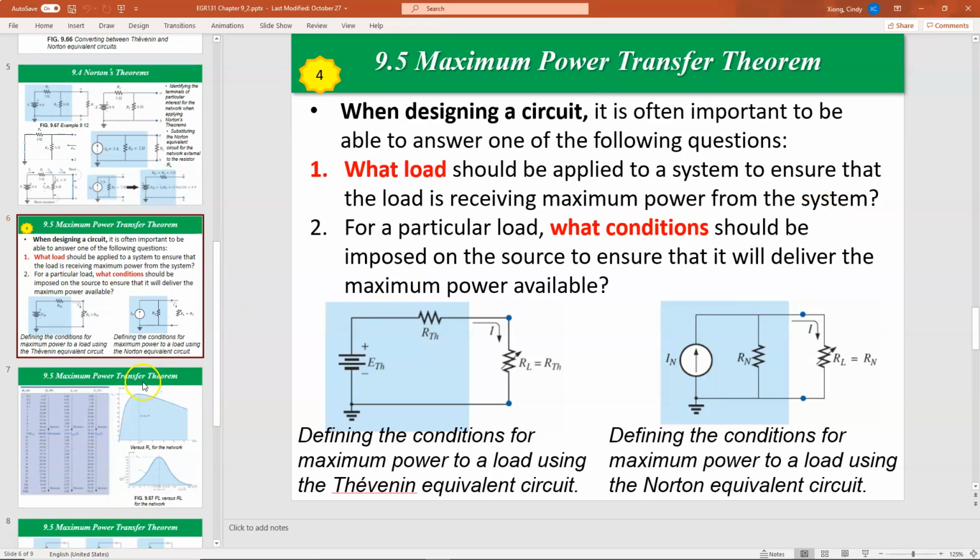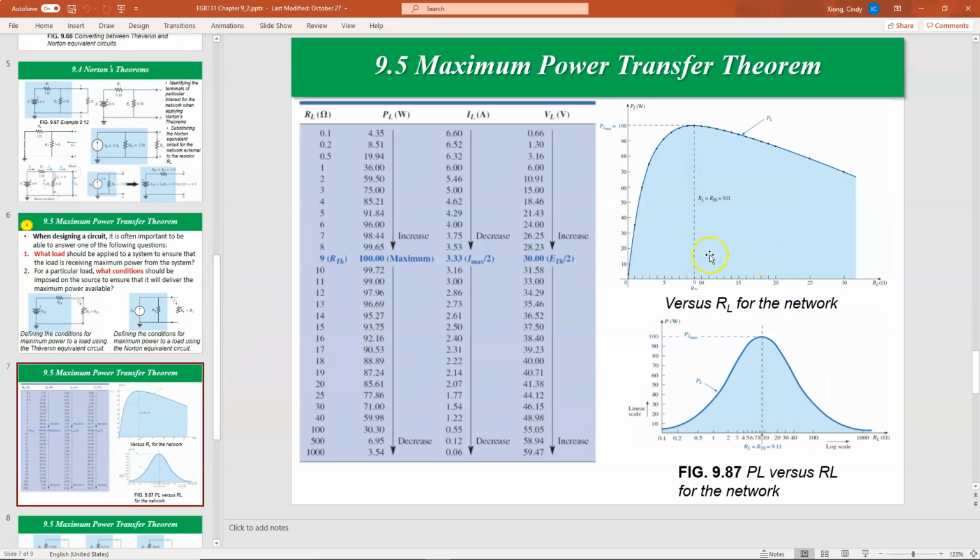Okay, so you can see here I give you two plots. These two plots are actually the same thing, but one has a linear scale for RL on the x-axis, while the second one has a log scale. You don't need to pay too much attention to these two plots.